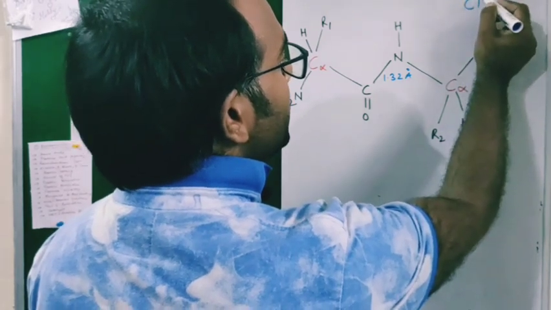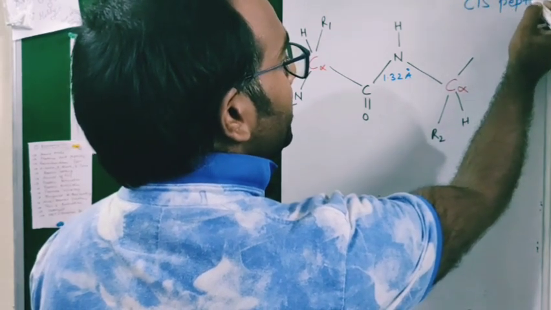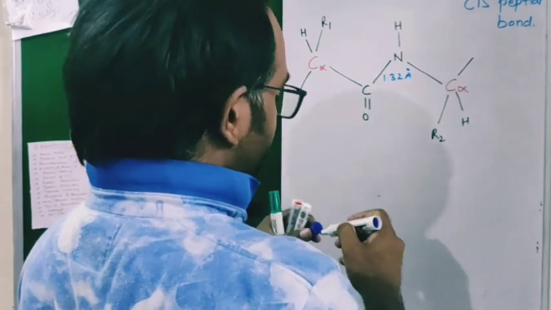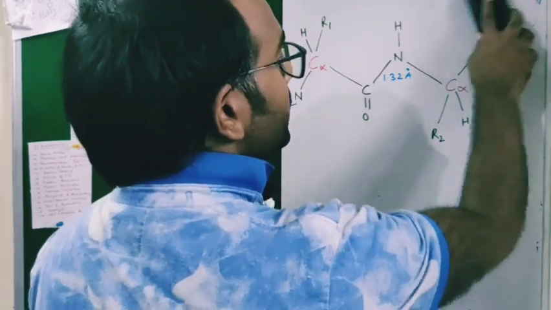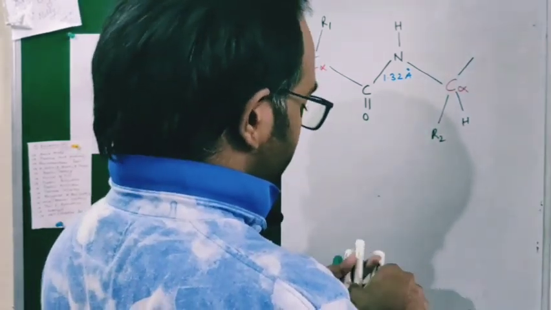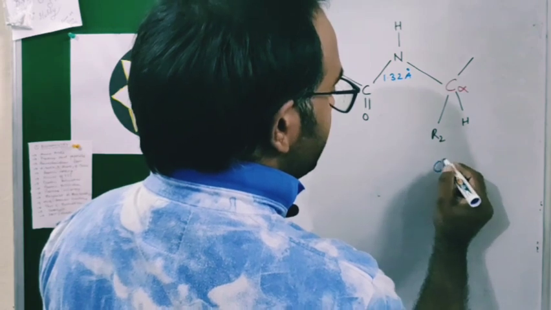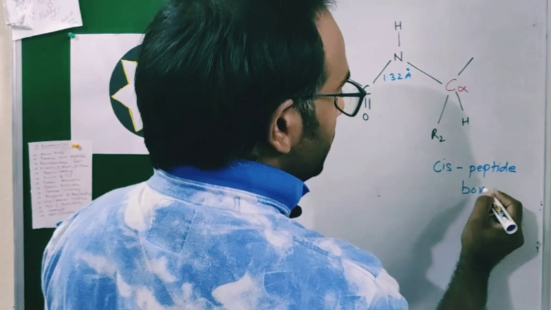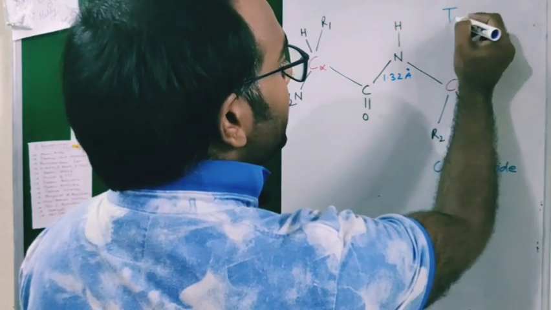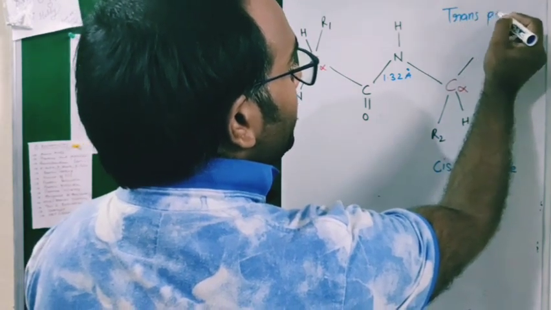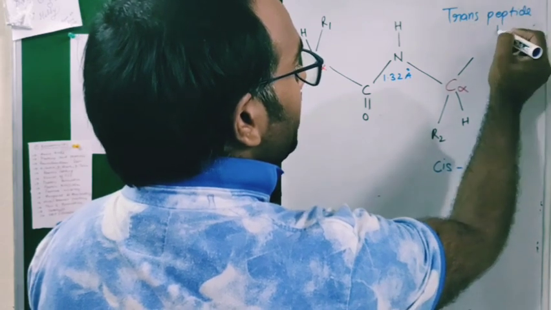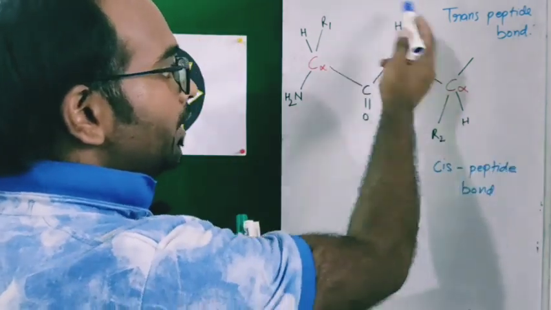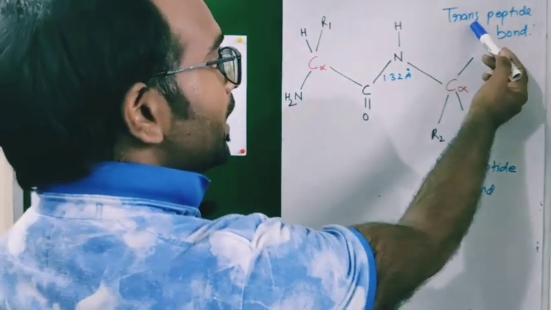One is the cis peptide bond and the other is the trans peptide bond, right? So the structure I have drawn here represents the form of the trans peptide bond.